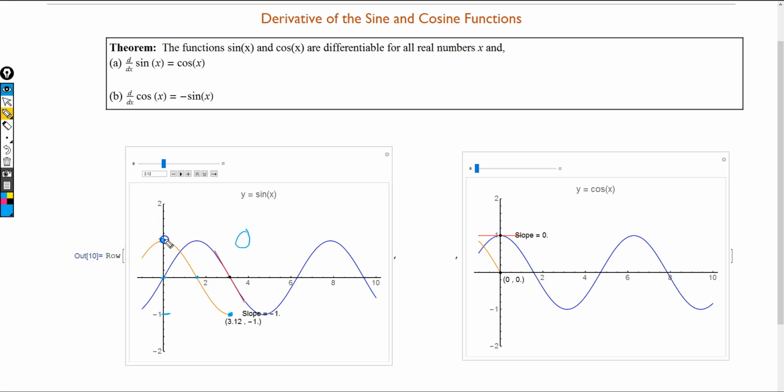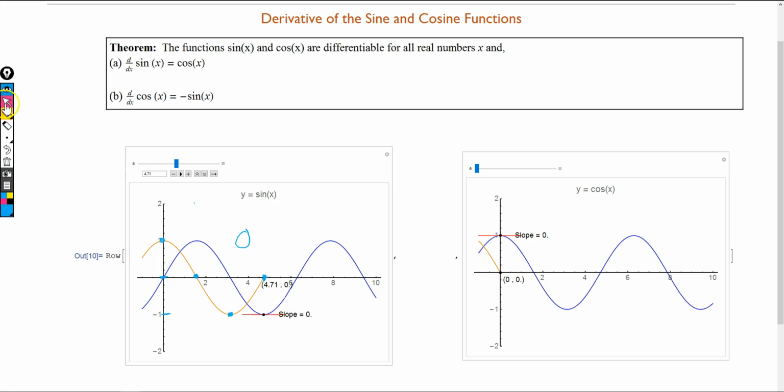So we have this point, this point, this point, and now we let this slide along a little further. Now right here, our slope is 0. And we would plot that point on the graph of our derivative function. Note the y-coordinate of this point being 0 on the y-axis.